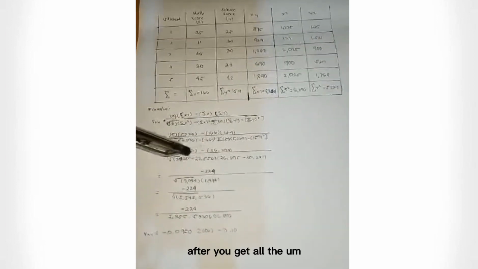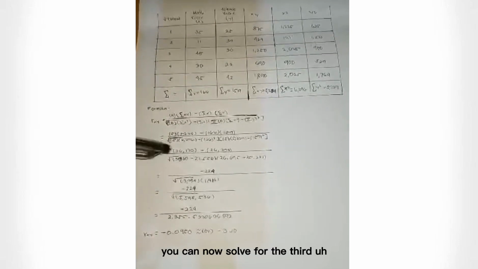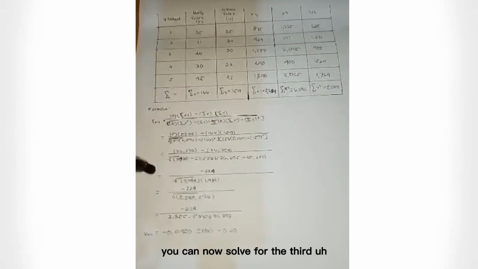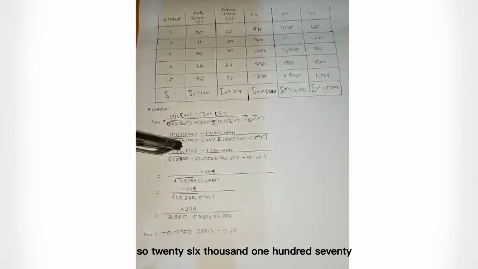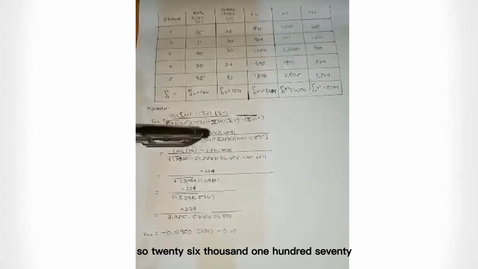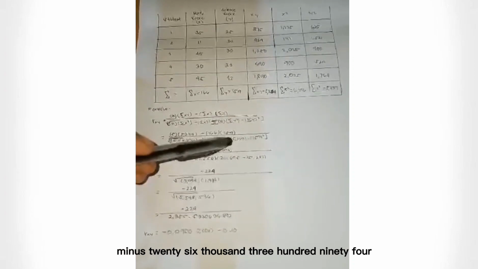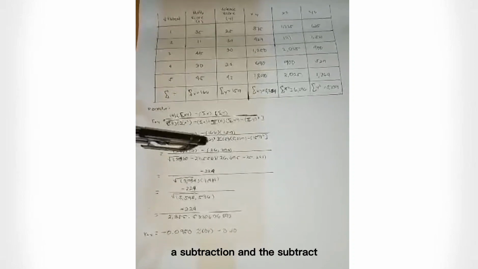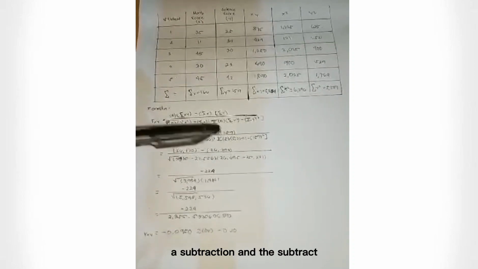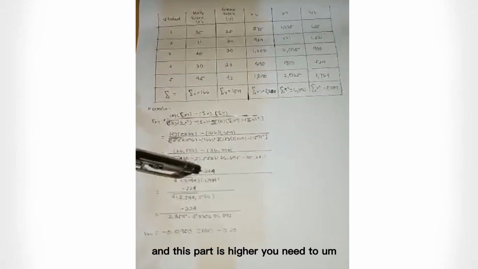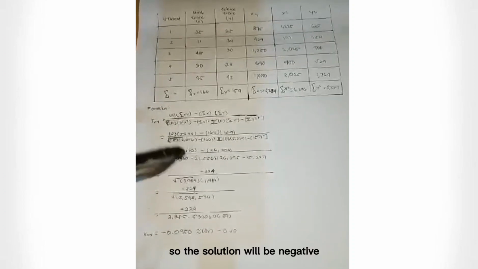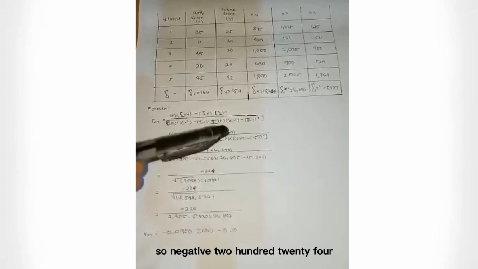After you get all the solutions, you can now solve for the next step. 26,170 minus 26,394. Since you are using subtraction and the second part is higher, the solution will be negative, so negative 224.